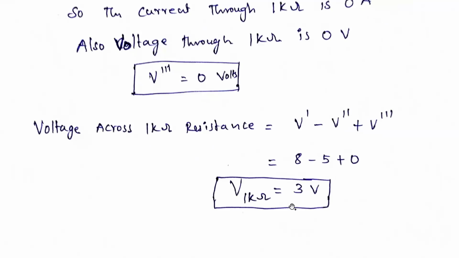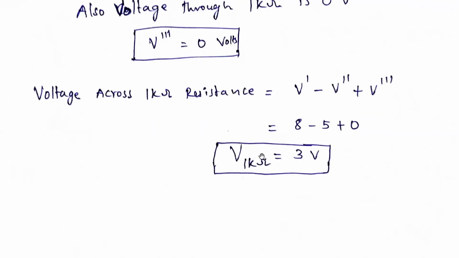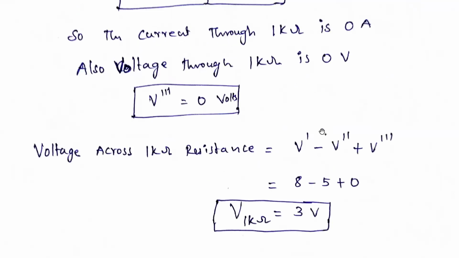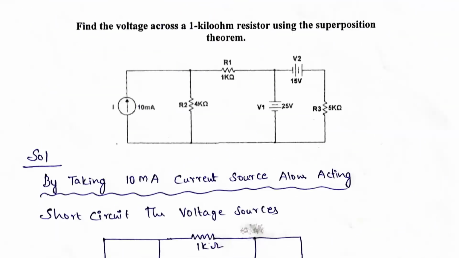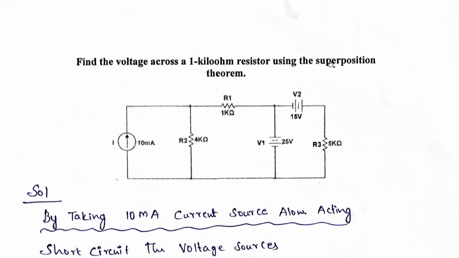If you simplify, you will get the answer as 3 volts. So the voltage across the 1 kilo ohm is 3 volts. This is the answer for the circuit shown in the figure. So the voltage across the 1 kilo ohm through the superposition theorem is 3 volts.